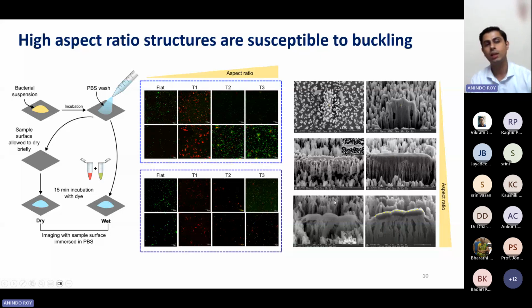This tells us that when the bacteria is pushing down on the nanostructures under capillary forces, if your aspect ratio is above a certain critical value, the nanostructures, instead of penetrating the bacterial cell wall, are more susceptible to buckling failure. And when that occurs, they won't be able to penetrate the bacterial cell wall, and therefore they won't kill the bacteria, which is the reason for the decrease in mechanobactericidal efficiency with increase in aspect ratio that we notice here.